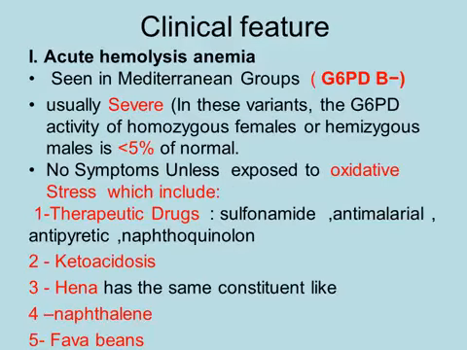The first manifestation of G6PD deficiency is that of acute hemolytic anemia, which may be caused either by drugs or by favism. It is mainly seen in Mediterranean groups who are G6PD B-. It is usually severe because the enzyme activity of homozygous females or hemizygous males is less than 5% of normal.